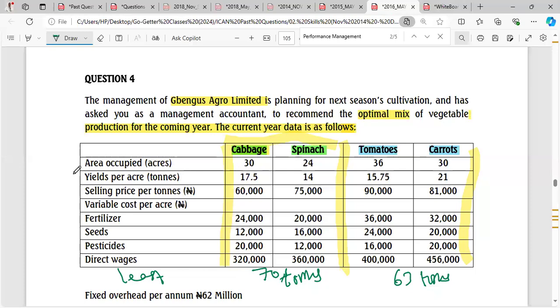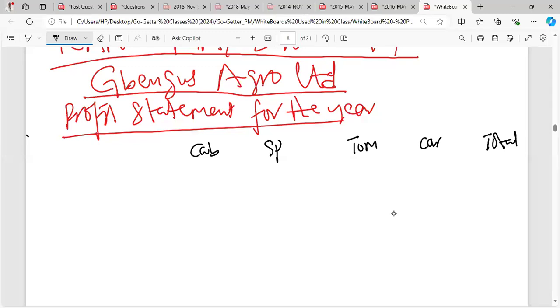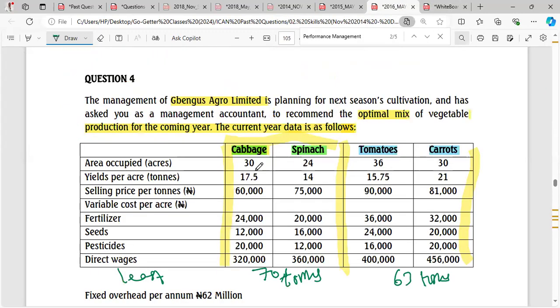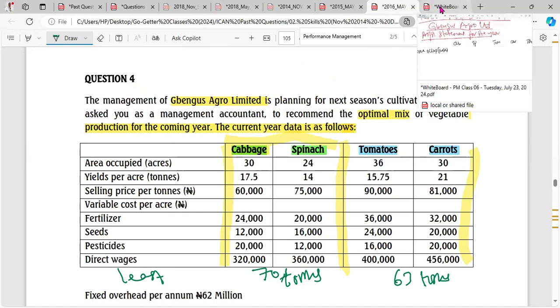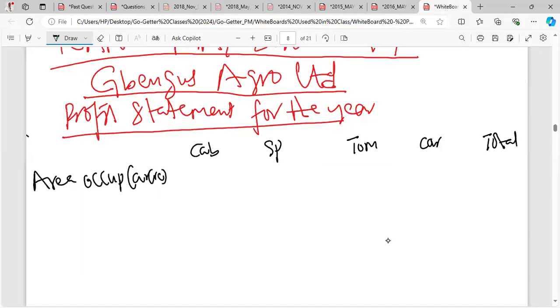Okay, so I have my area occupied in acres. I have 30, 24, 36, 30.